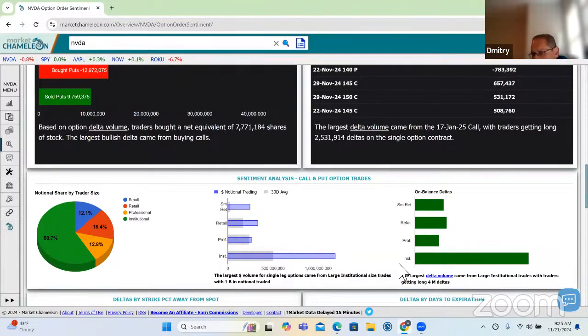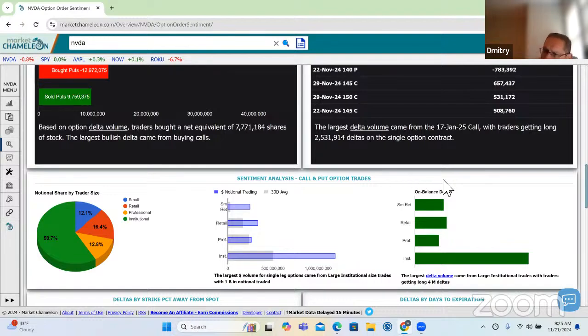So continuing on this report, what we're doing here is breaking down that delta volume, but we're separating it now into buckets. We have these four size traders: small, retail, professional, institution. We separate them, look at them separately, and compare them to each other.